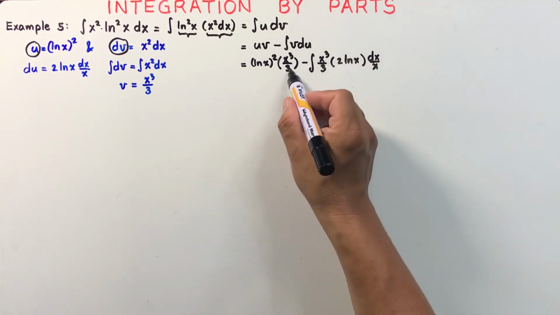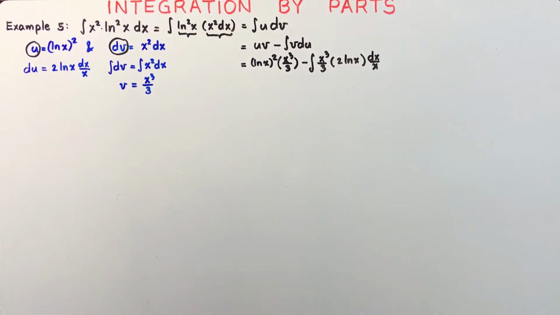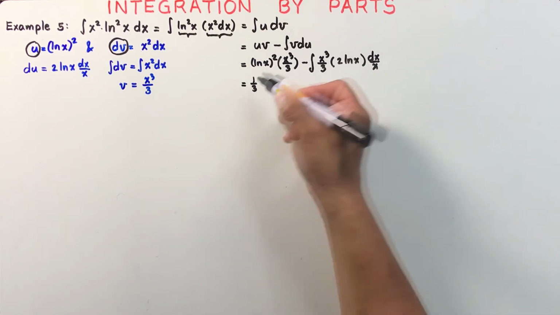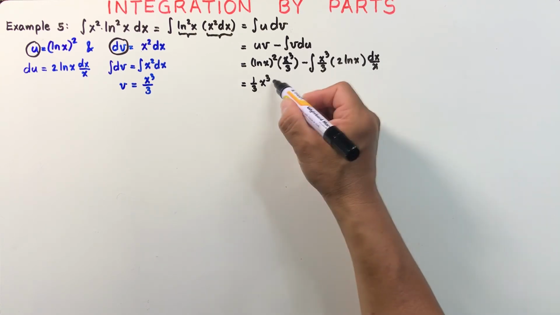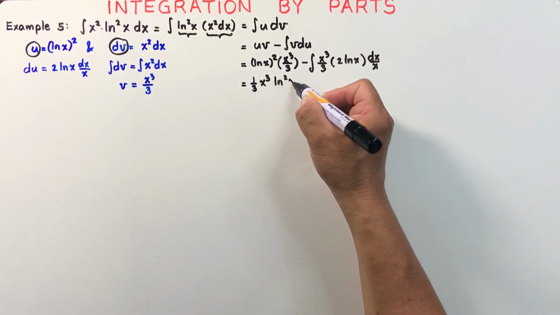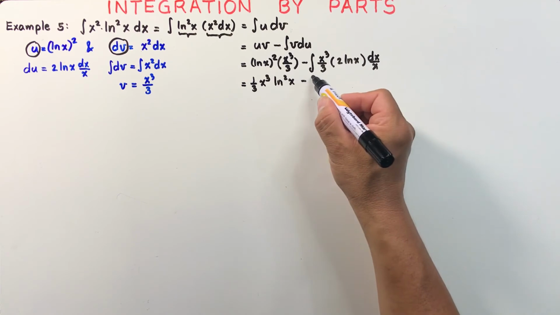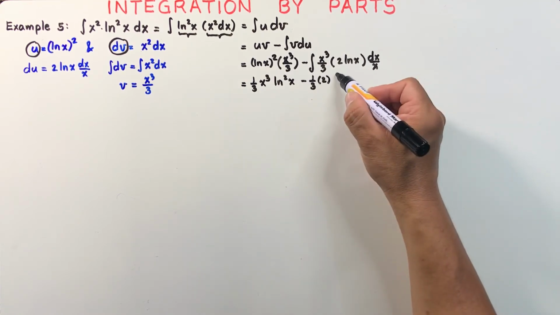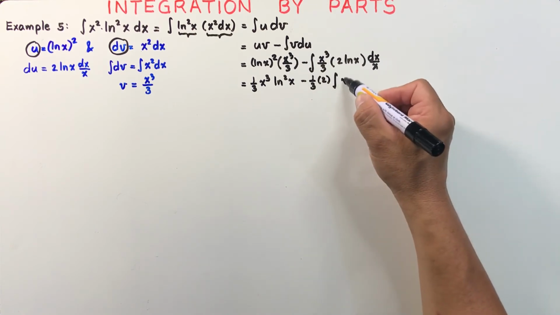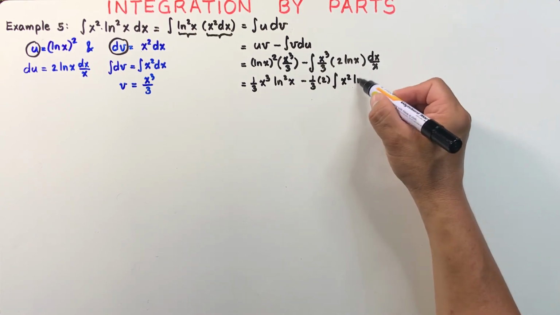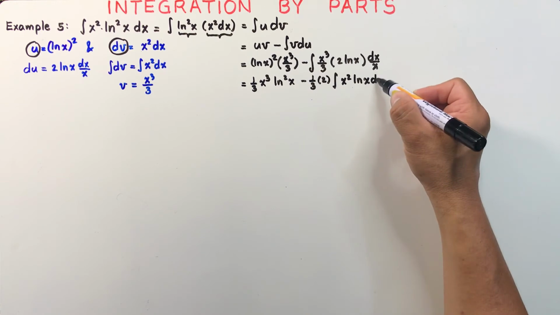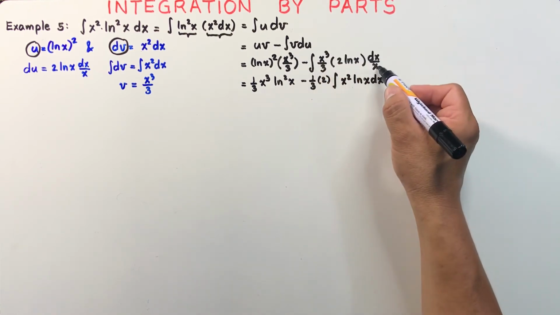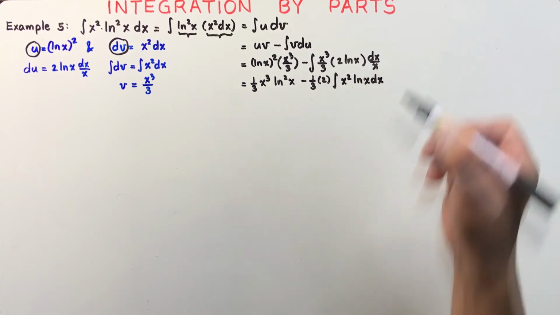So moving all the constants in front of each term, we have 1/3 of x cubed times the square of ln x minus 1/3 times 2 times the integral of x squared times ln x dx, because one of the x in this x cubed and the x in the denominator will be cancelled.